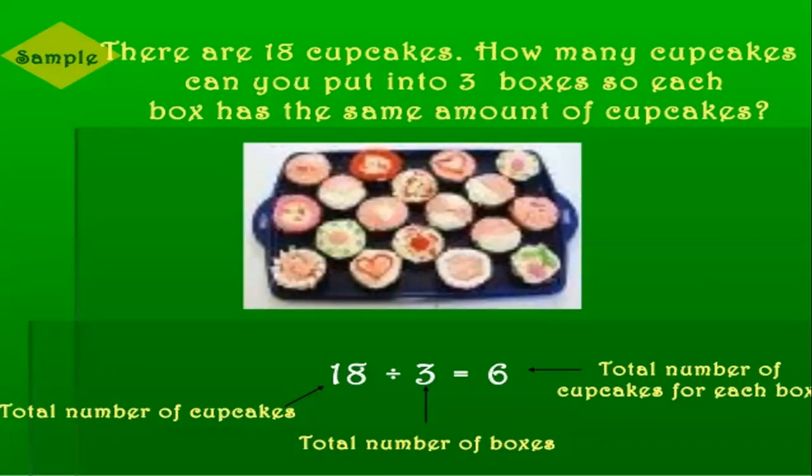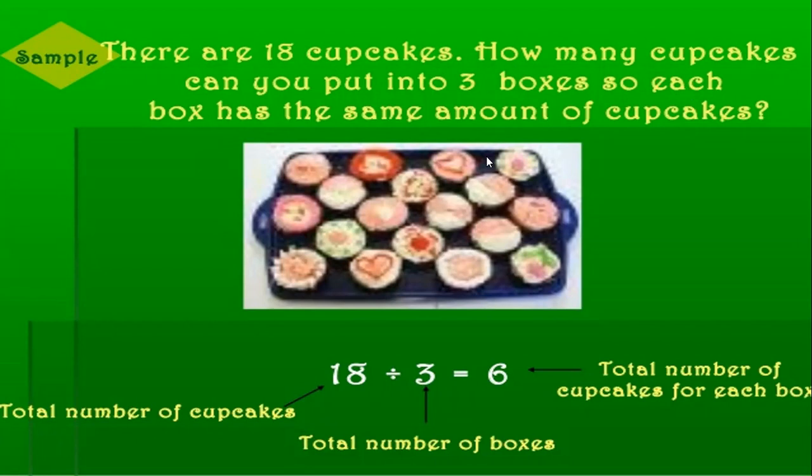If you see in the word problem, there is a word each again. So the total number of cupcakes is 18, the number of boxes is 3, and we want to find out how many cupcakes will be in each box. Out of 3 boxes, in each box, how many cupcakes do we have to put? Again, it's a problem of division.